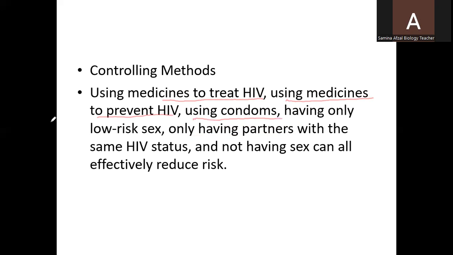Use of condoms is compulsory. Having only low risk sex, only having partners with the same HIV status, and not having sex can all effectively reduce risk. So these are the different methods with the help of which people can protect themselves from HIV.